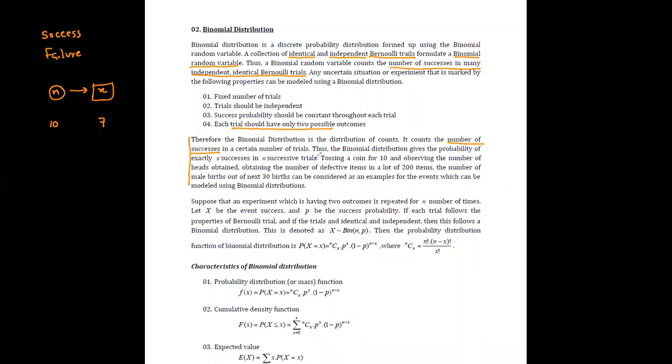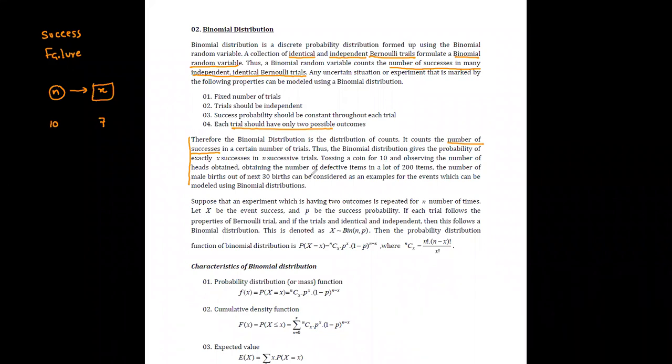Some examples are mentioned here: tossing a coin 10 times and observing the number of heads obtained. Another example, obtaining the number of defective items from a lot of 200 items, then the number of male birds out of the next 30 birds. These can be considered as examples of events which can be modeled using the binomial distribution.